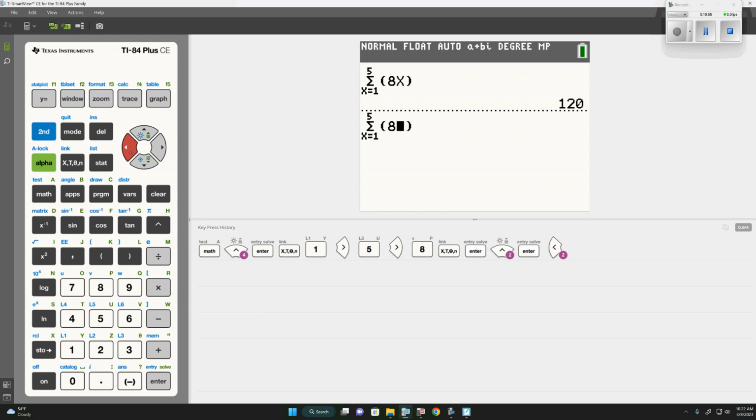Now, you may not like this, but if we think of the one we did earlier from 3 to 8 of 3 plus x squared, this is the first one we did, yes?